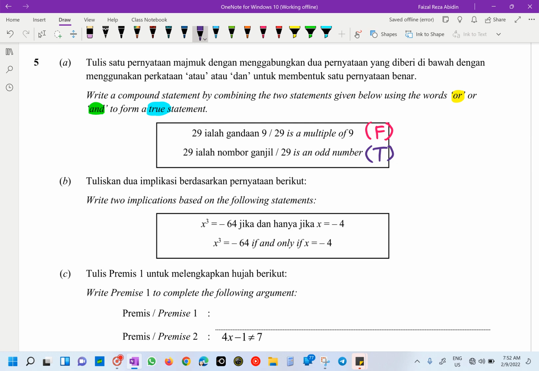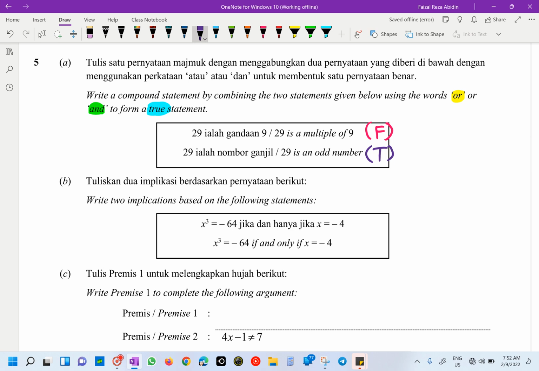Either one statement is true. If you are using or, it's going to make a true statement. If either one is false and you're using and, it is going to make a false statement, because you look at both statements. If or, either one statement. We have false and true, so it's going to be a true statement.